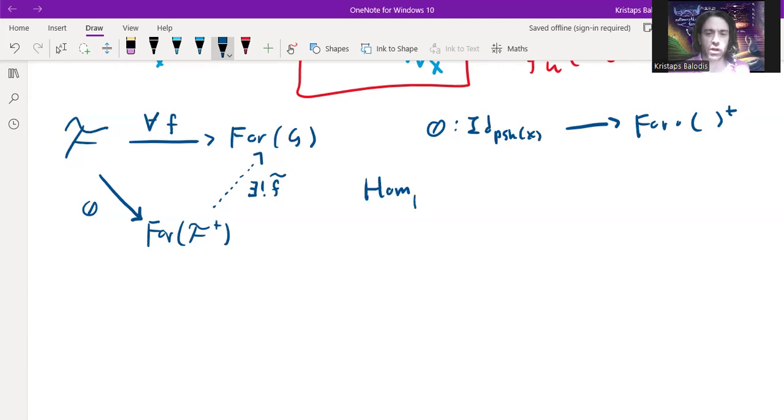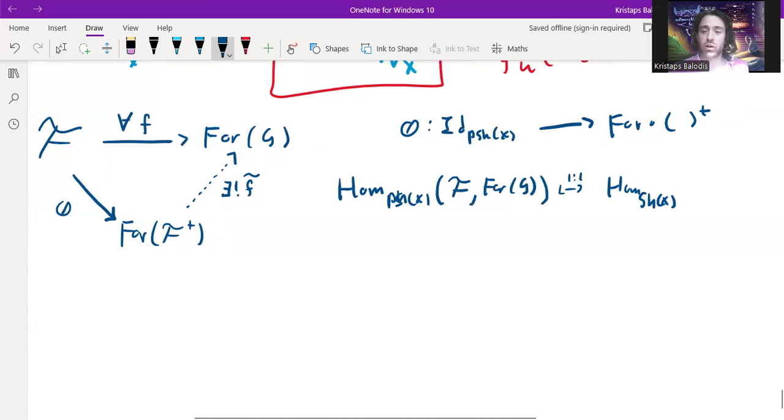So this is homomorphisms in the category of pre-sheaves on X from F to the forgetting of G. And this, I claim, is in one-to-one correspondence with homomorphisms in the category of sheaves, where instead we have here the sheafification, and here's G, right?